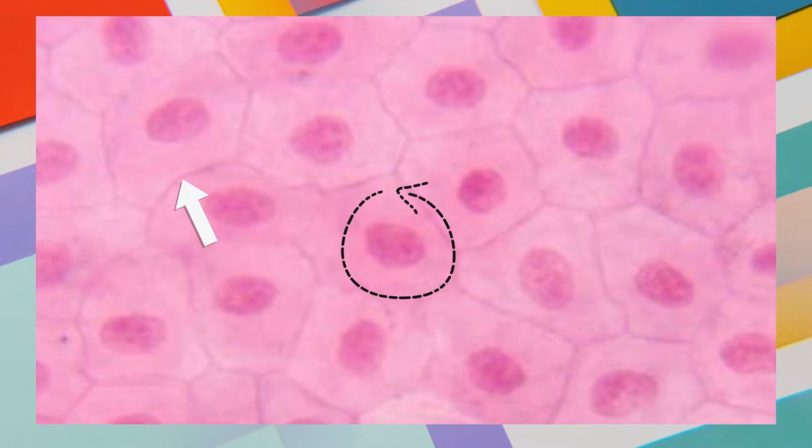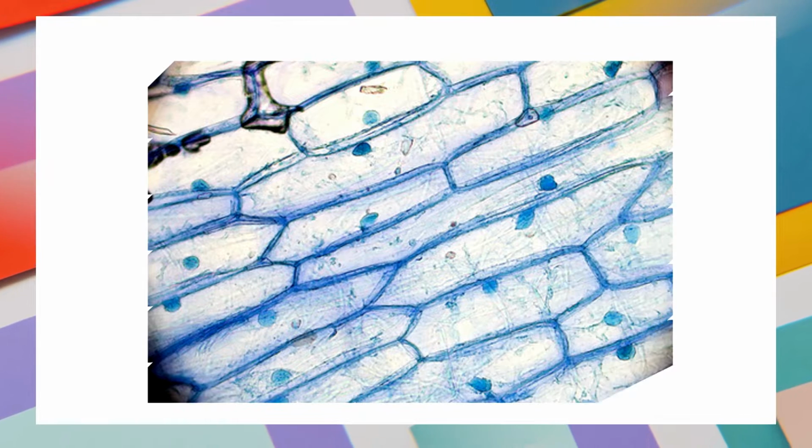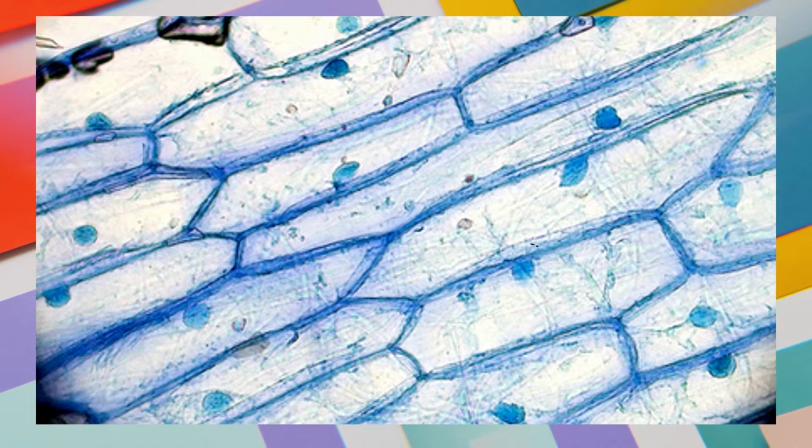Just a notice for you, this is not the color of the cell. They are colored in order to appear more clearly in the microscope lens. Now let's see the plant cell. On the other hand, we have plant cells, which also appear as many cells next to each other. The scientific word for many cells together is multicellular. Both animal and plant cells are multicellular.